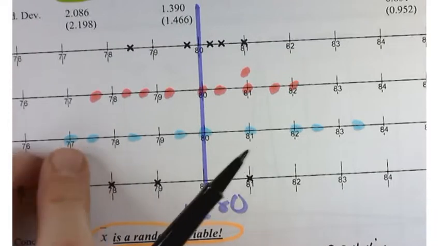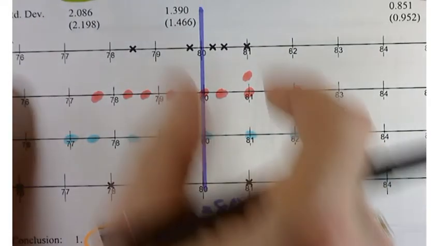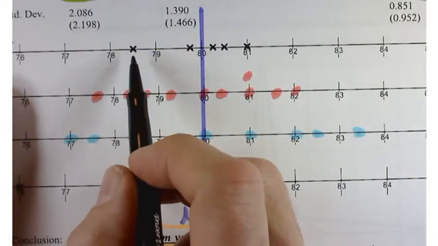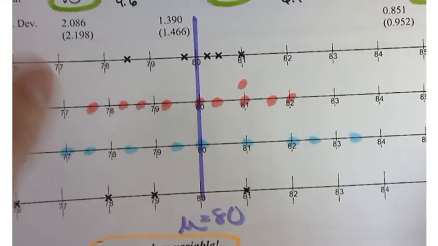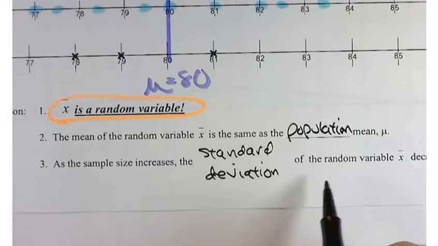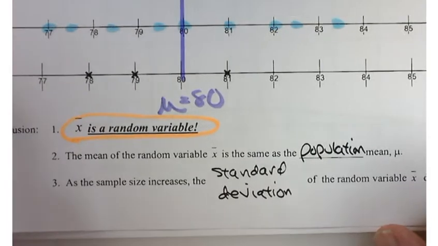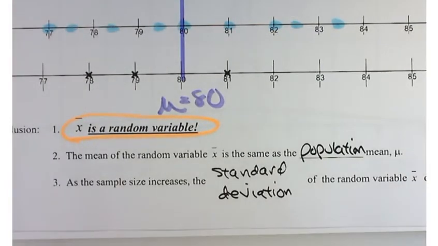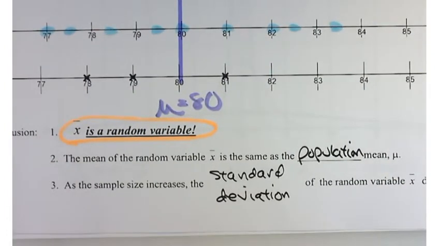Notice with a smaller sample size you can get something as low as 77 or as high as 83.5. But up here, the worst you can do is 78.5. As your sample size increases, the standard deviation decreases. So when people do national polls, they can do a pretty good job with samples of size 1,000. We'll see more and more of that as we move into Chapter 7.